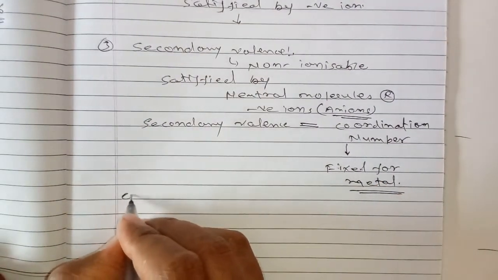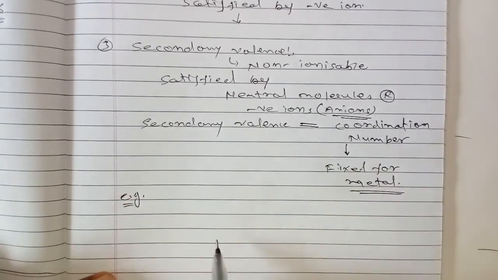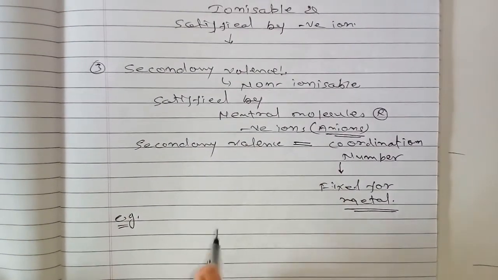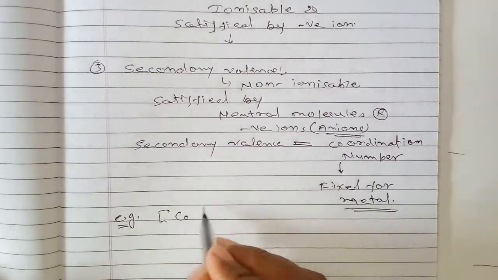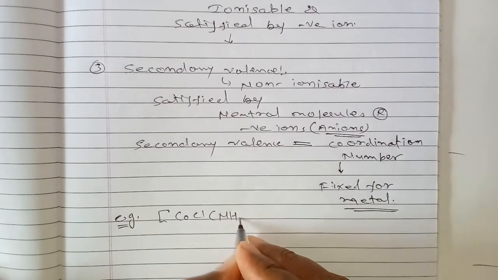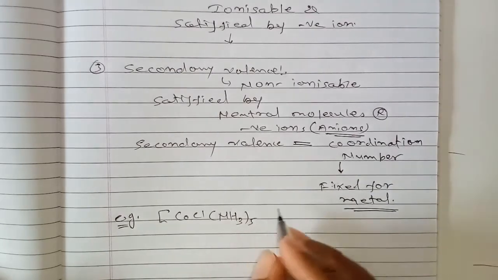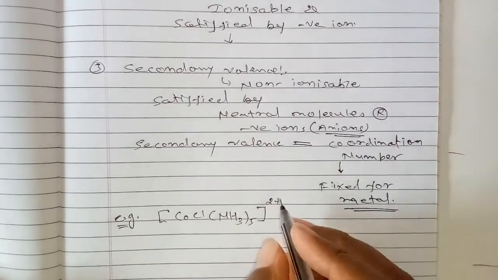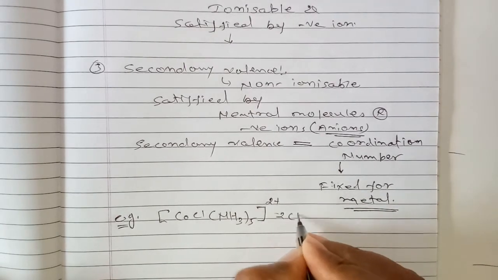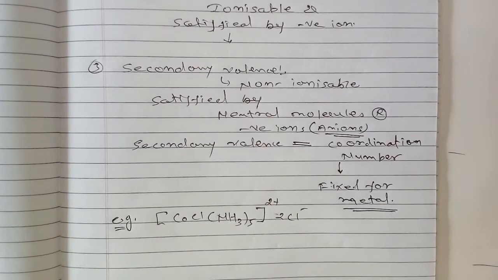For example, here cobalt, Cl, NH3 5 times, its charge is 2 plus and twice Cl minus.